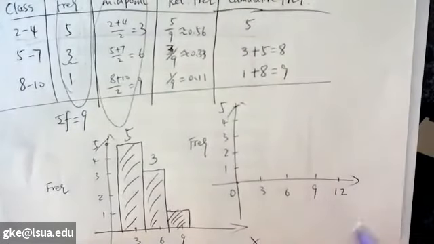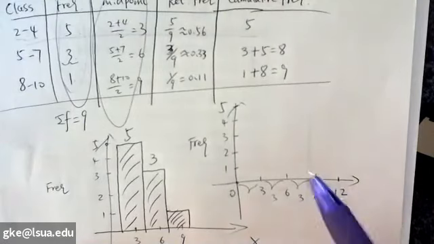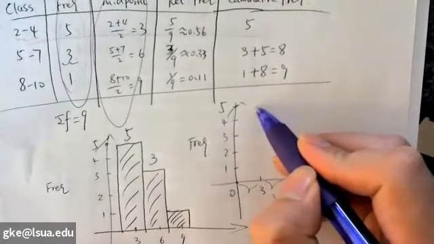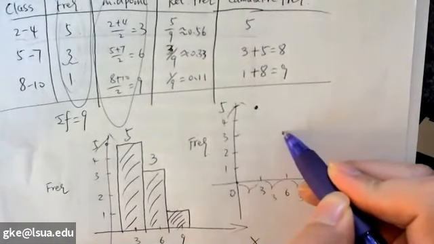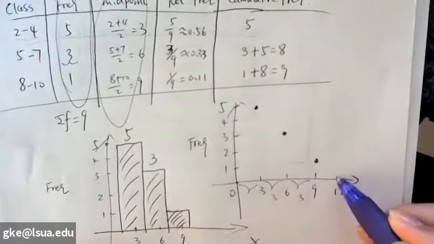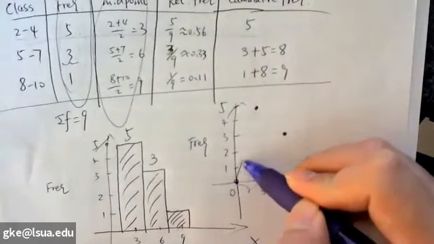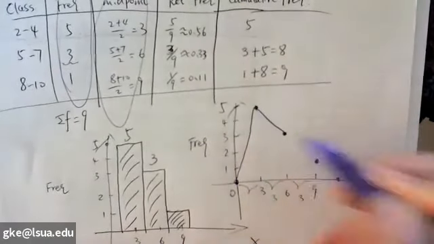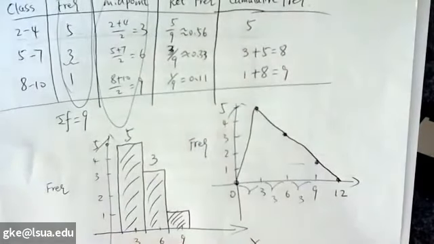Here it should be a 12 because the gap is 3, right? You subtract 3 to get 0, add 3 to get 12. So the first point should be 5. The second point should be 3. Here is 1. And the end point should be 0. So you just connect all the points. That's it, right?